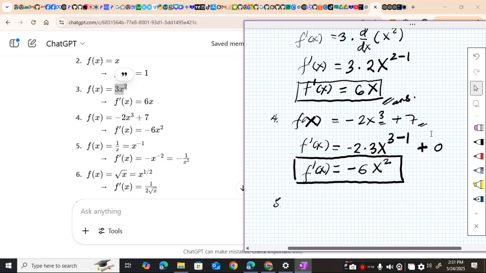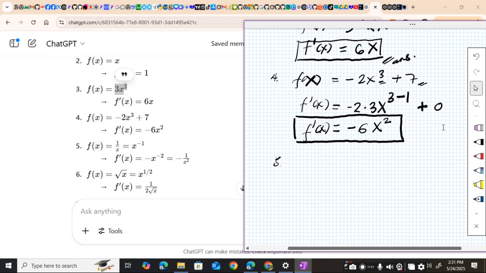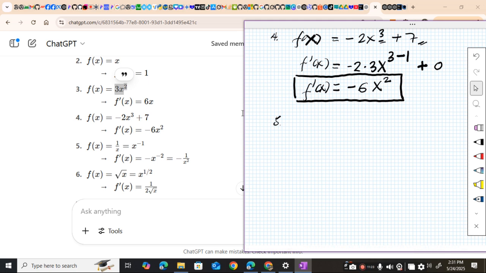Now 5. Let's proceed now to exercise number 5. So here we have f of x is equivalent to 1 over x. Now we can try to rewrite this as x raised to negative 1, so that we could apply now the power rule.